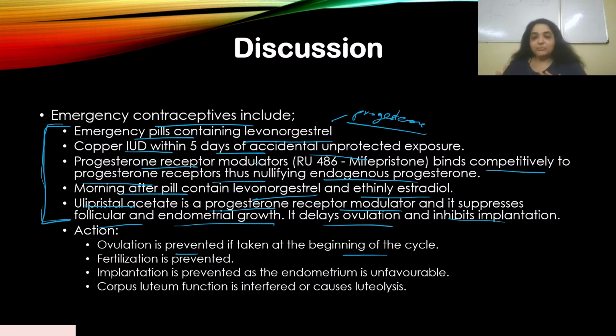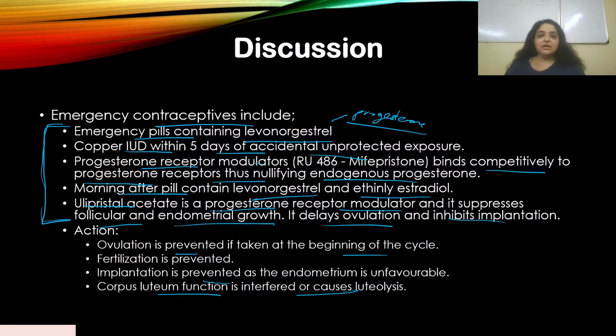It's another way of approaching this: either you have high levels of progesterone to suppress ovulation, or you just block the receptors. If you block the progesterone receptors, it suppresses follicular and endometrial growth. So implantation is prevented as the endometrium is unfavorable. Also corpus luteum function will be interfered with, causing luteolysis.